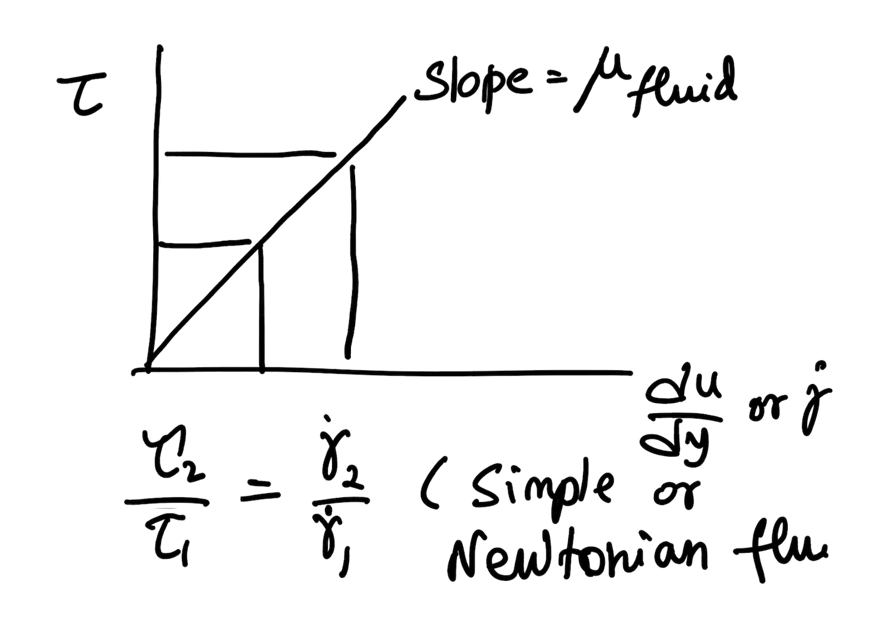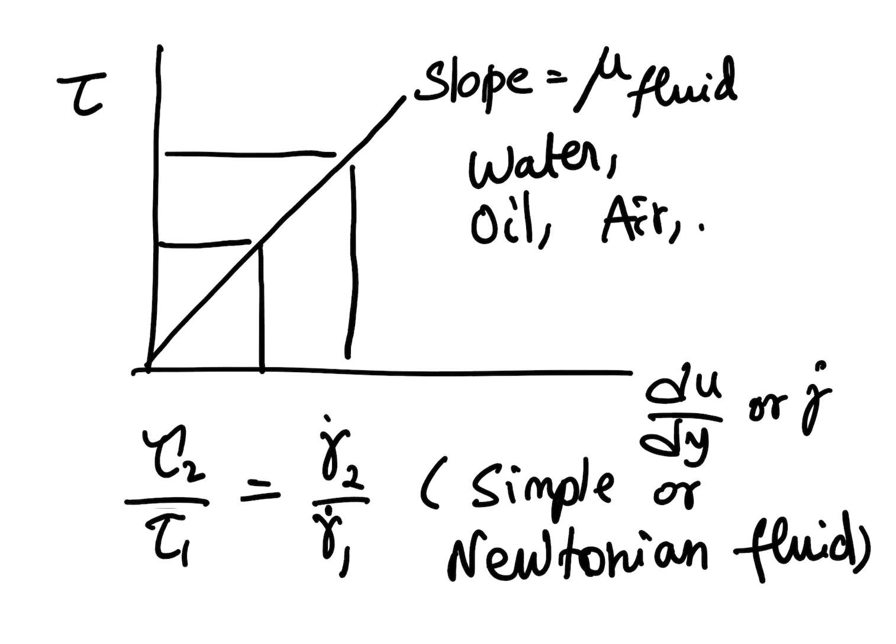It was Newton who first discovered this property of fluid, okay, and it carries his name still. This is true for common liquids like water, oil, crude oil, air, etc. Okay, these are Newtonian fluids. There are some fluids for which the graph doesn't look straight, or the graph is not a simple straight line.